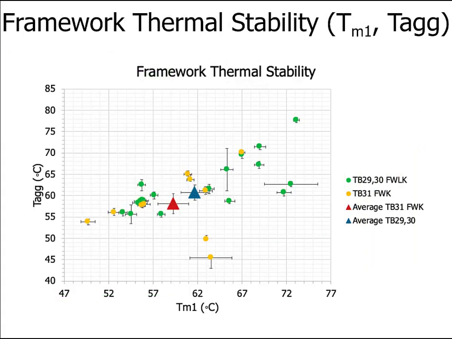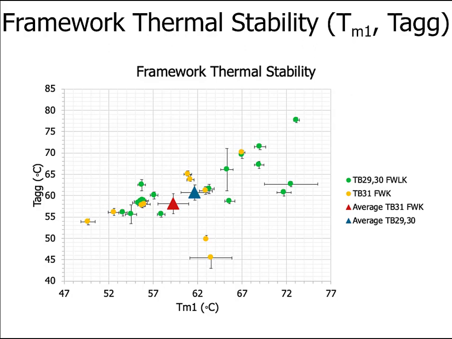We've gone on to use this data to actually compile and see how the aggregation TMs correlated with the first thermal temperature of unfolding, or the TM for the VHH domain, really to see how the framework played a role in the overall stability of these antibodies. And so in general, in the green circles, you can see the effect of the consensus llama framework in the first 2 libraries, and in the yellow is the fully humanized framework that we used for the final human VHH shuffle library.